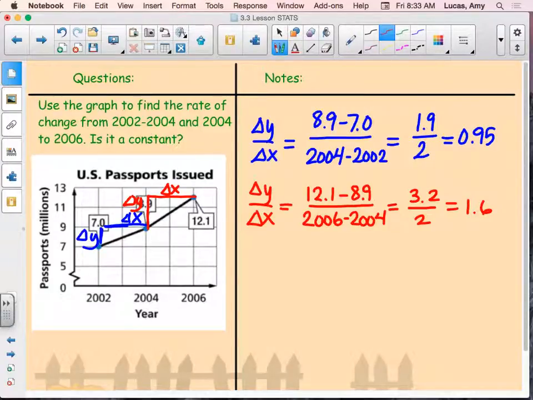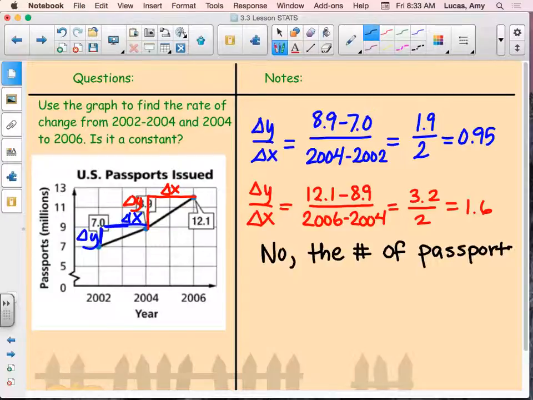So is it a constant? No. The number of passports per year is not a constant.